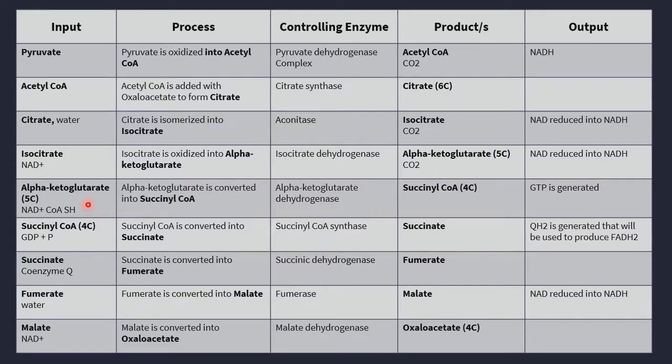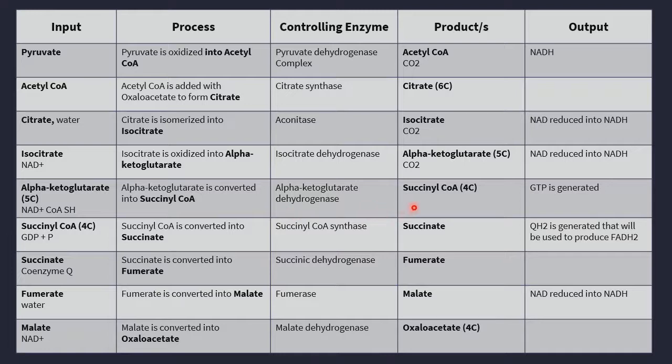Alpha ketoglutarate molecule, NAD plus, and CoA-SH. The alpha ketoglutarate is now converted into succinyl-CoA by the enzyme alpha ketoglutarate dehydrogenase.